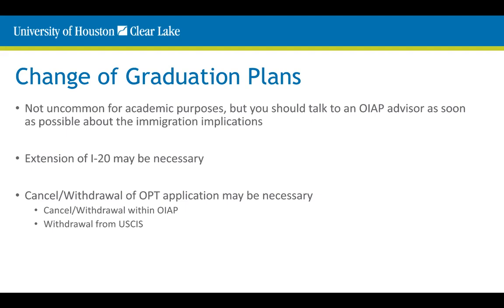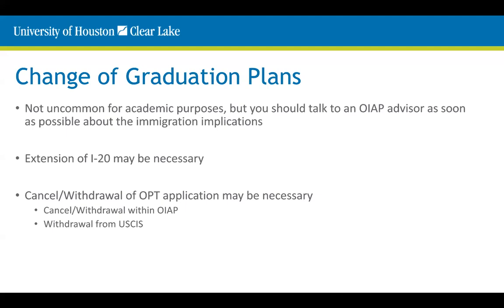If for some reason you are not able to graduate and you thought you were going to, please reach out to us. It is absolutely critical you reach out to your advisor so we can extend your program for an additional semester. If you have applied for OPT, that means that we will have shortened your program end date, and that could be an issue.